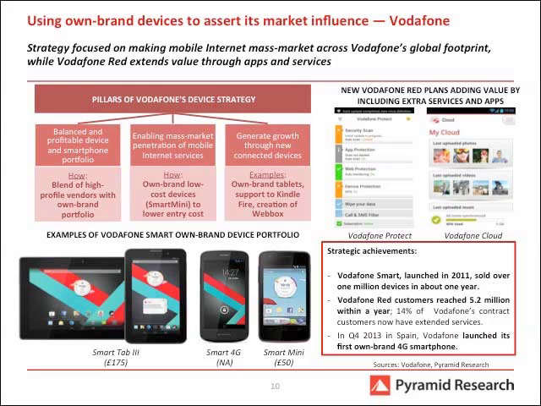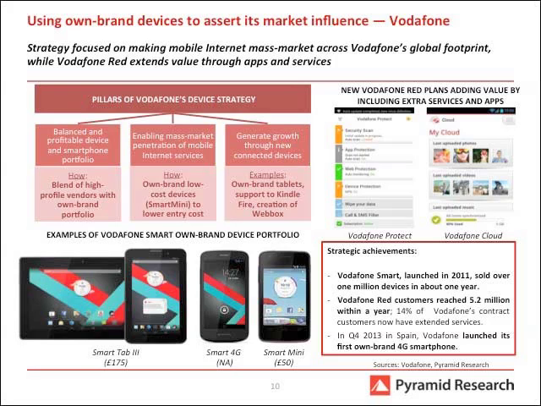We presented again some of Vodafone's own brand portfolio here. As I said, they are enabling mass market penetration of smartphones via some very affordable devices like Smart Mini, recently launched, with a retail price of around £50.